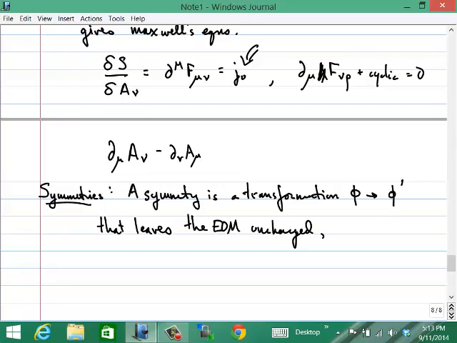And in particular, because the equations of motion are found by minimizing an action, we'll be interested in symmetries that leave the action unchanged.